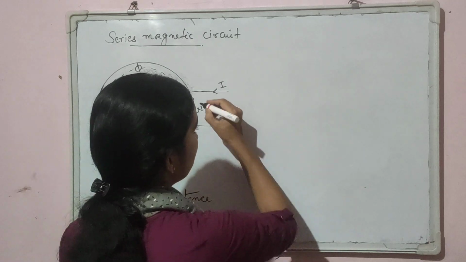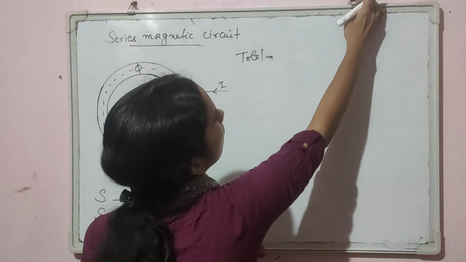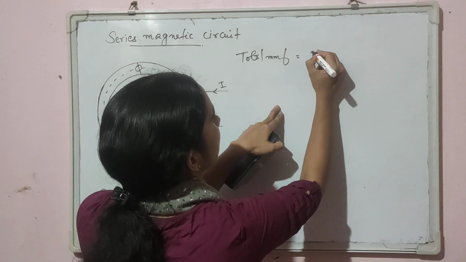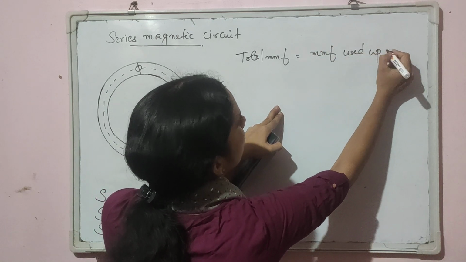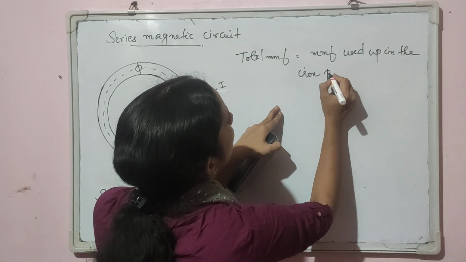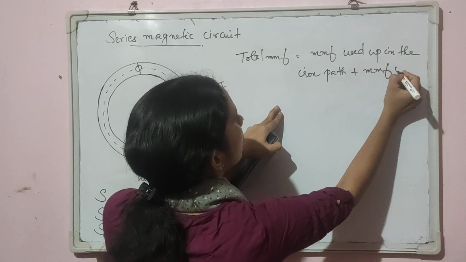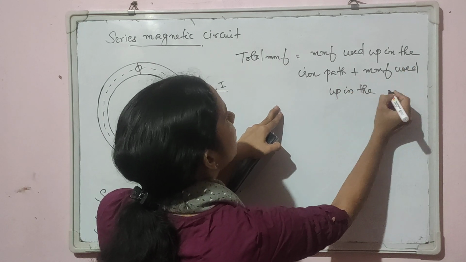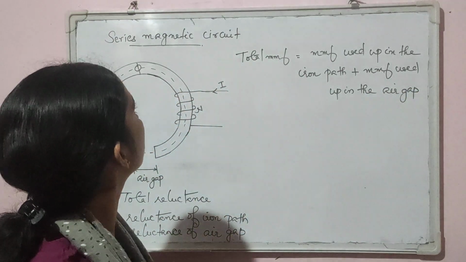Now the total MMF is equal to the MMF used up in the iron path plus the MMF used up in the air gap.